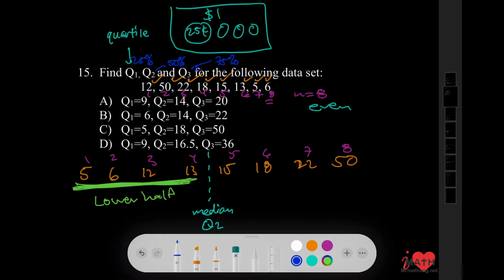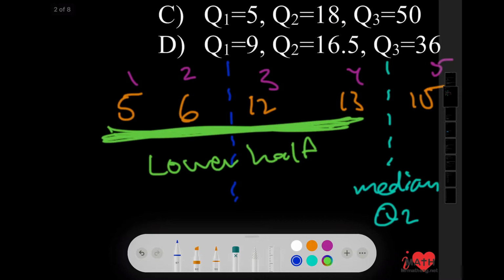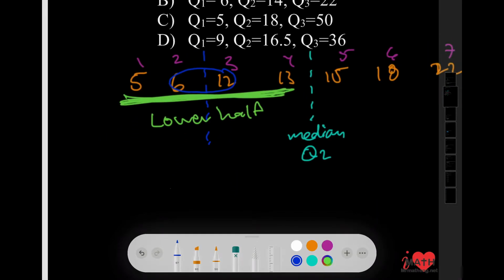There are 4 numbers, so 2 numbers to the left and 2 to the right. There is no number for me to pick, so I'm going to take the average of those 2 numbers. 6 plus 12 divided by 2 is 18 divided by 2. That means my Q1 represents the 9. Quartile 1, this blue dotted line, is the median of the lower half.